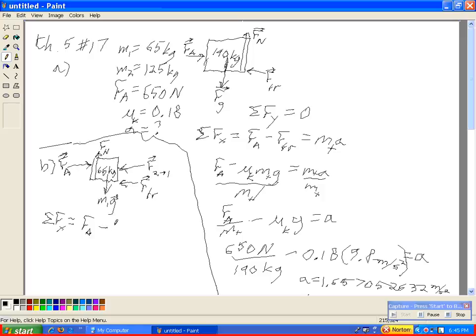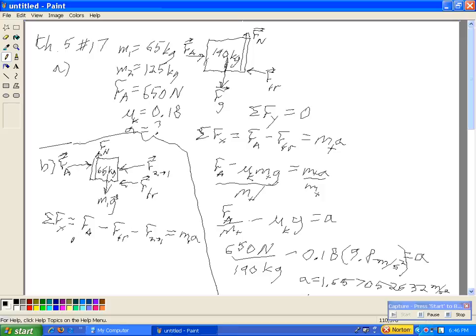So minus the friction force and minus the force of box 2 on box 1 equals, well, we know it is accelerating, so it's not 0, it equals ma. The sum of the forces equals mass times acceleration, and this is mass 1.